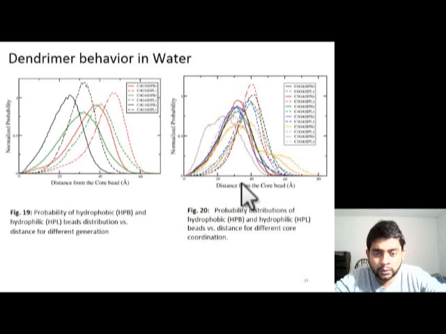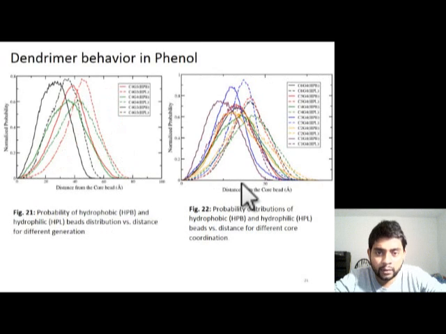Here we plot over different generations and different co-coordinations, and you can see in dash line it is hydrophilic beads, and hydrophobic beads are in solid line. You can see here the hydrophilic beads are more distant from the core, while hydrophobic beads stay close to the core.